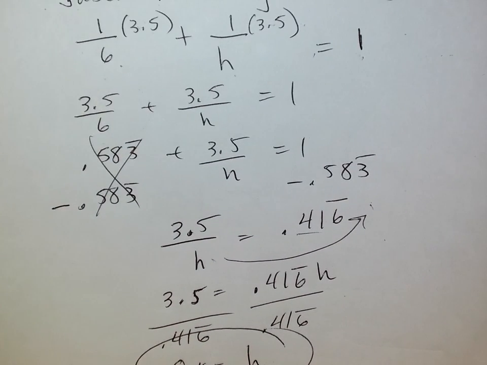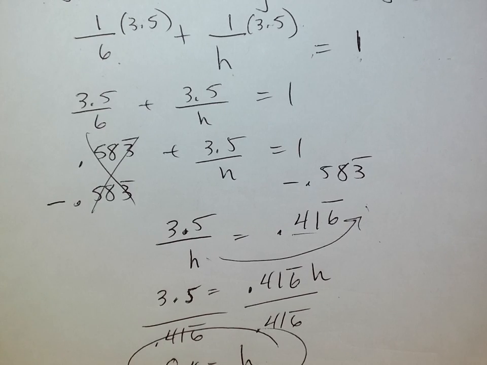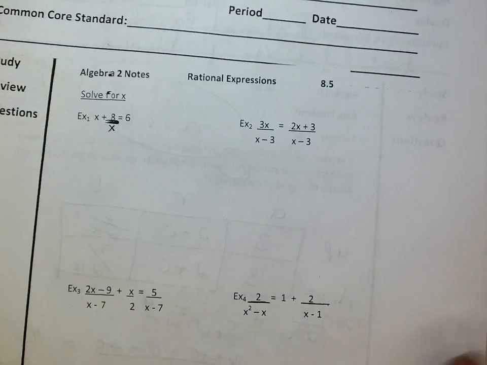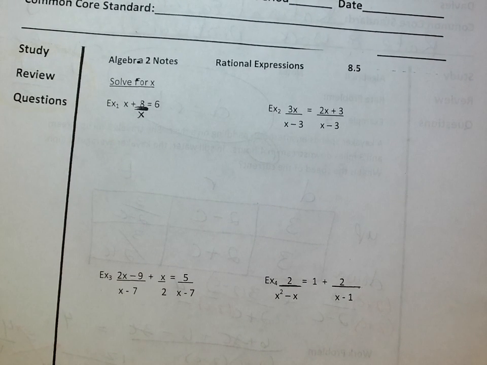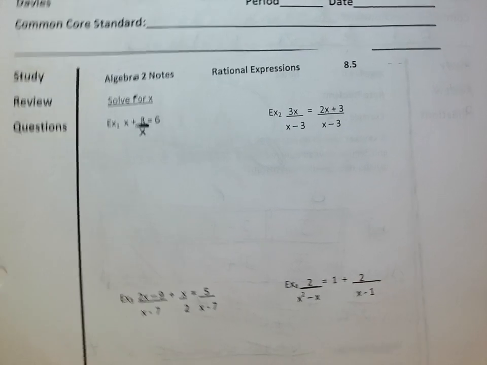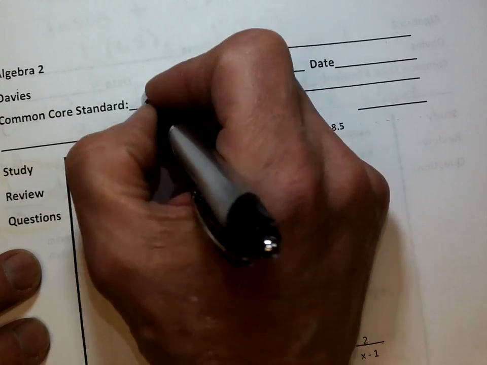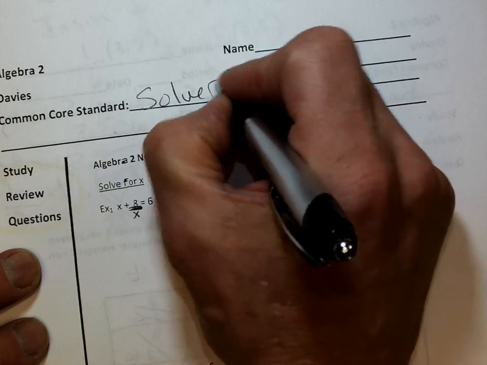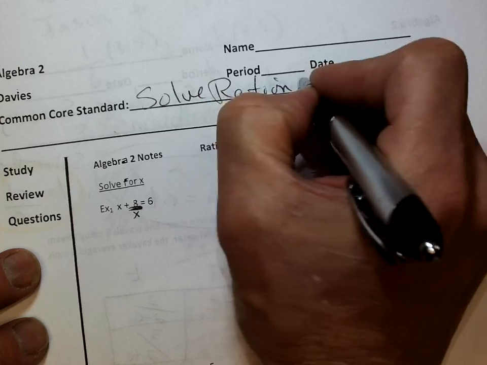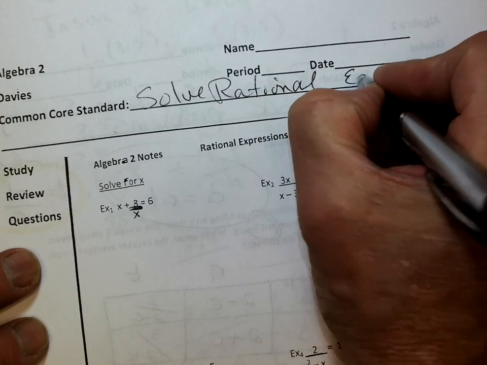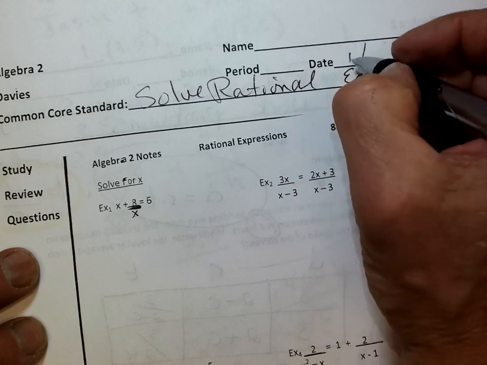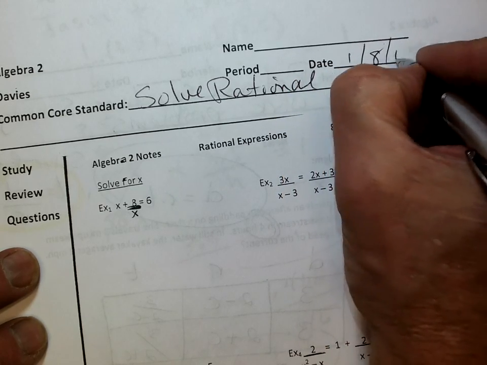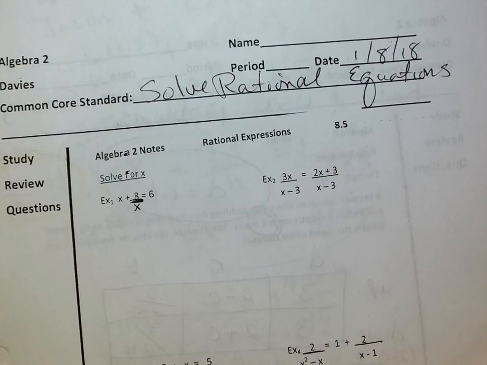All right, now let's take a look at the front of this. Solve for x. Here's our goal. Our goal is to solve rational equations, and the way we did it in the front was we got a common denominator first.